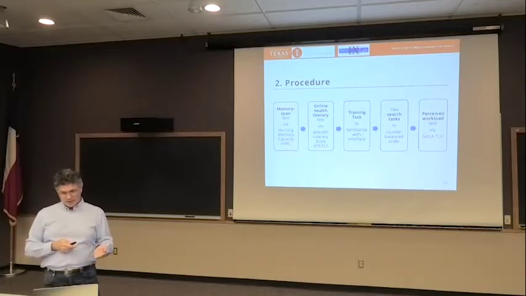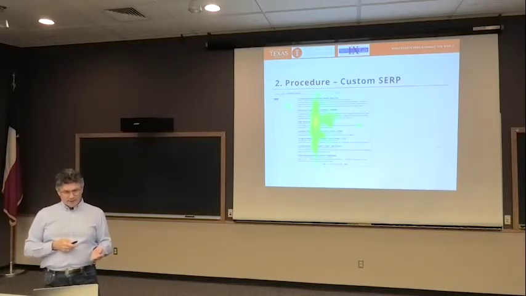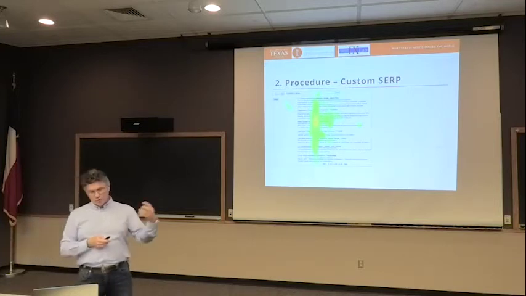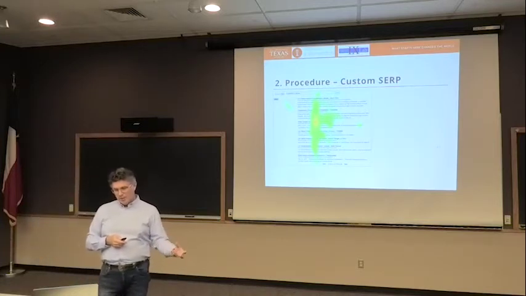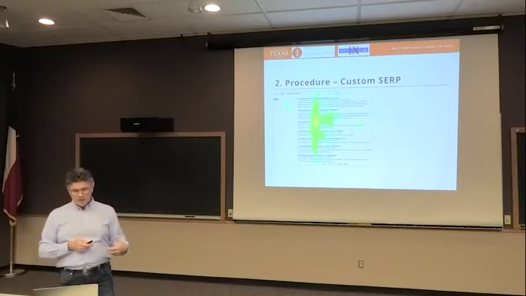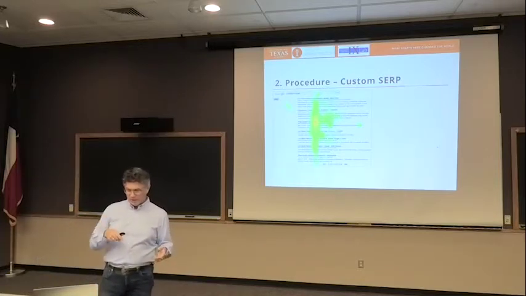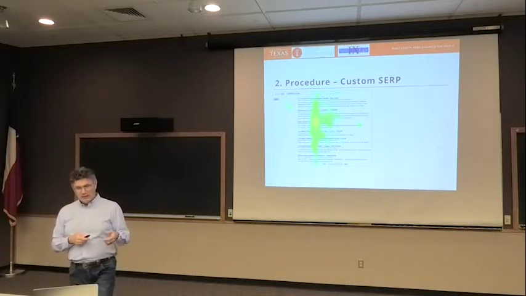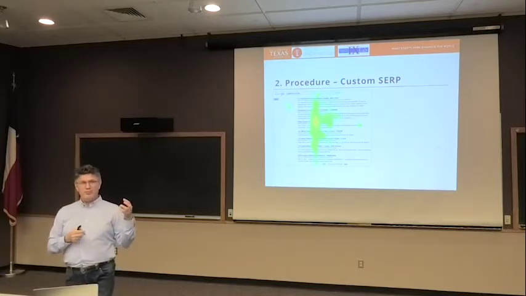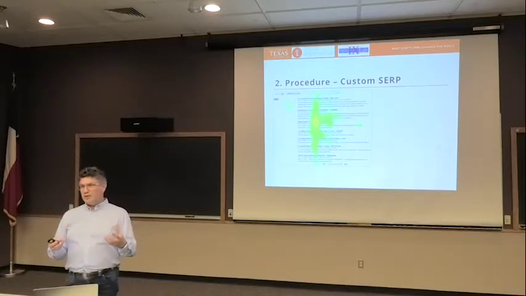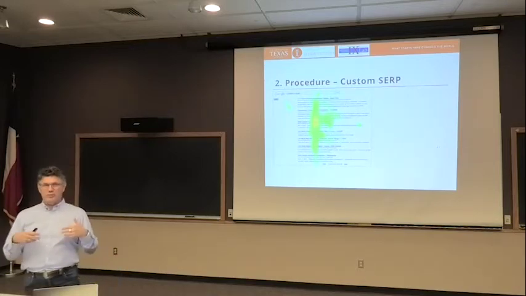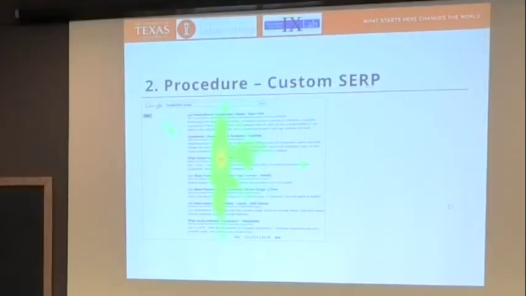with a Likert scale. So the system was using Google for search in the background, but there was a custom search engine results page, that is the page on which search engine results are displayed. And the reason for doing so was to have control over what type of results are sent to them. So we removed PDF files and videos.